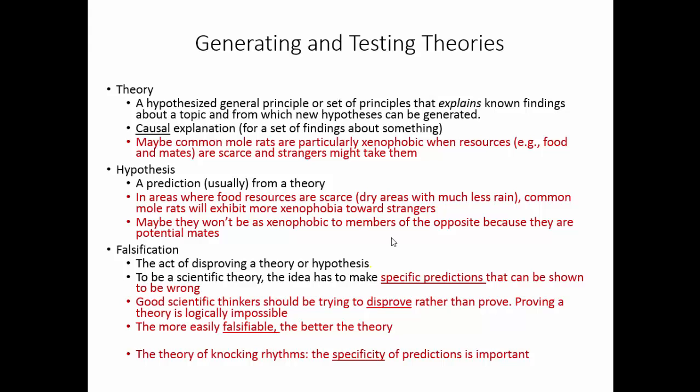It's the act of potentially disproving a theory or hypothesis. So for something to really be a scientific theory, the idea has to make, again, specific predictions like we've been talking about that could potentially be shown to be wrong. There has to be some sort of observation that would convince you that you're wrong for it to be a scientific theory. Some sort of observation that would logically show that your theory can't be accurate because its predictions are inaccurate.